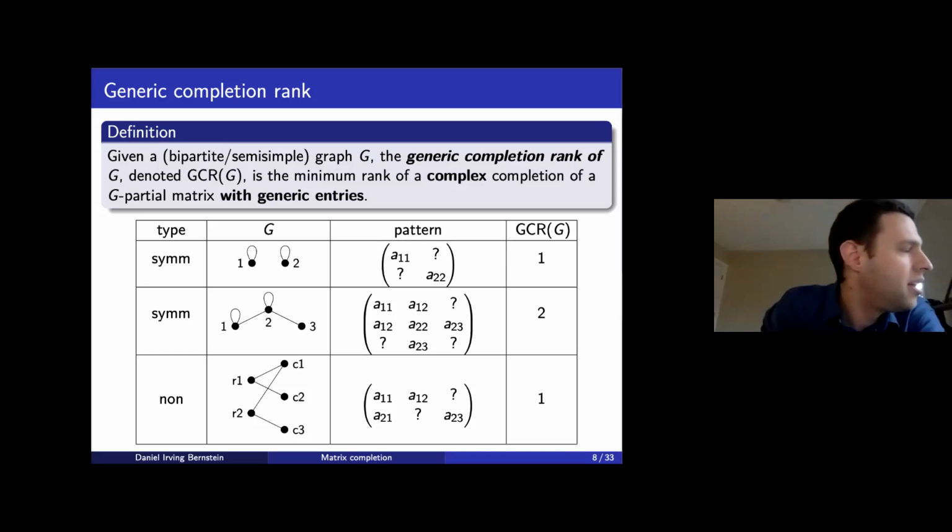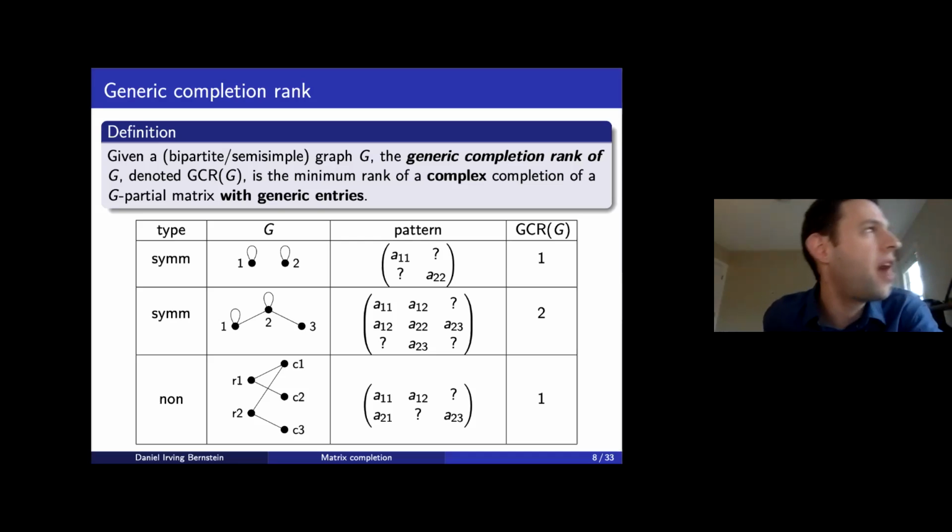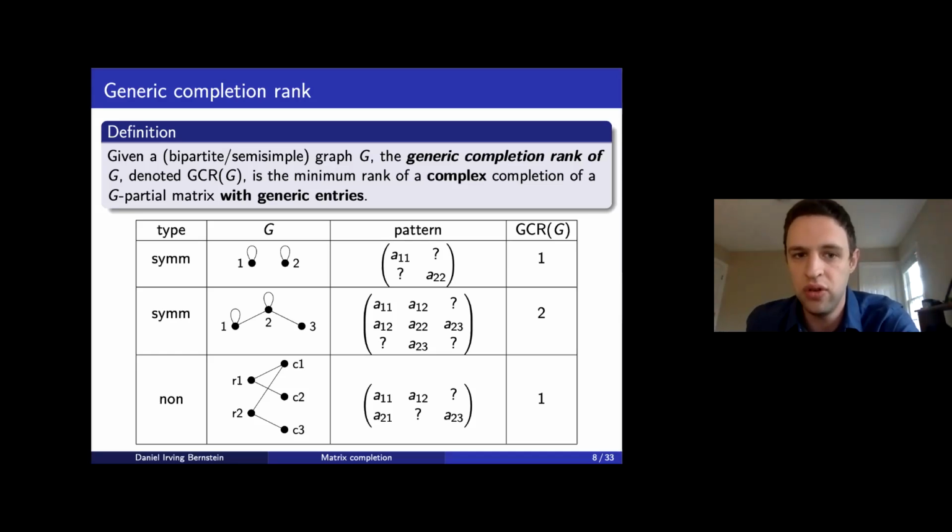So, I mean, yeah, you're right in that when you do this in applications, you usually want to complete over the reals, but knowing what you can do over the complex numbers is useful for particular applications.